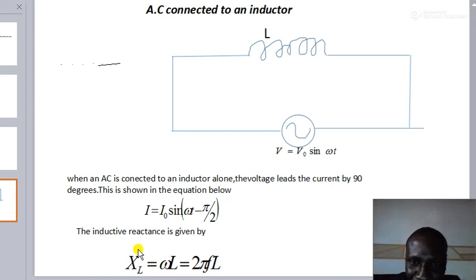The connections will be in series, and we will also consider when any two components are connected: a capacitor and a resistor, or perhaps an inductor and a capacitor.